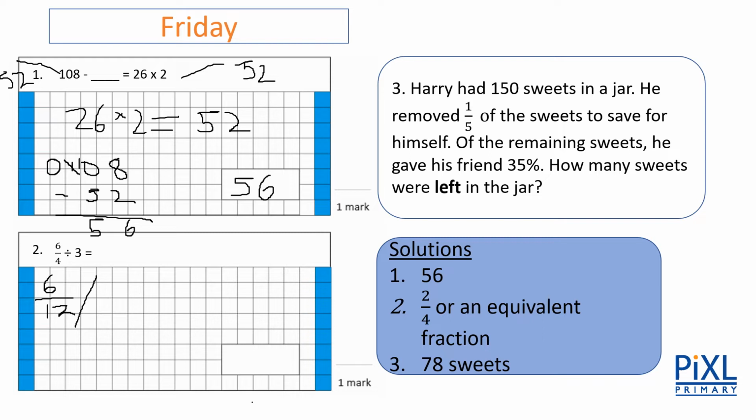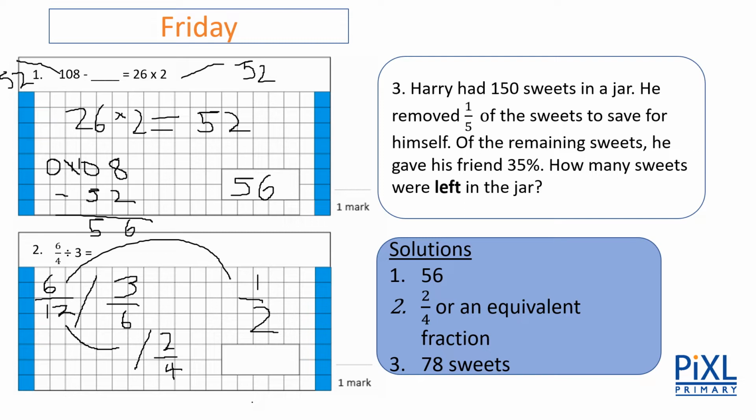I can divide by 2, which would give me 3/6. I can divide by 3, which would give me 2 quarters. And I can divide by 6, which would give me a half. So any of those answers you would get correct.